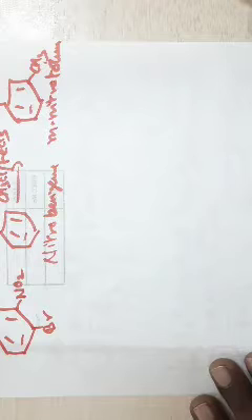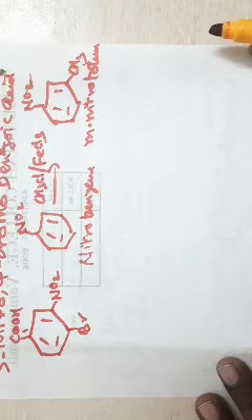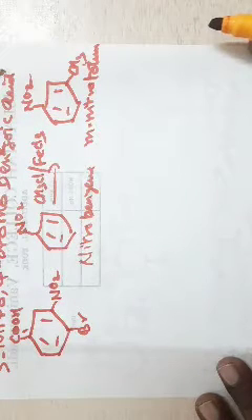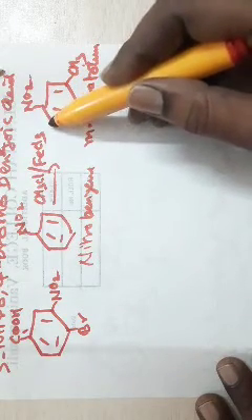Rule number 3, which I discussed in the previous class. So please remember rule number 3 of orientation and reactivity with respect to the substituents. The bromine will enter in the ortho position, and this is called the ortho effect.